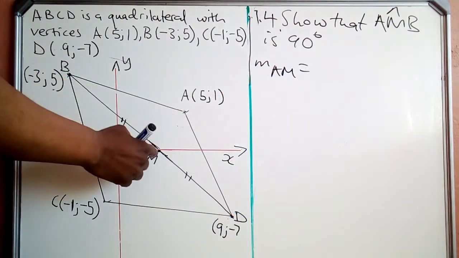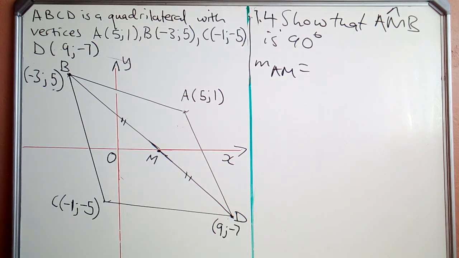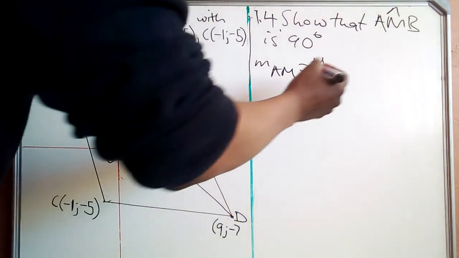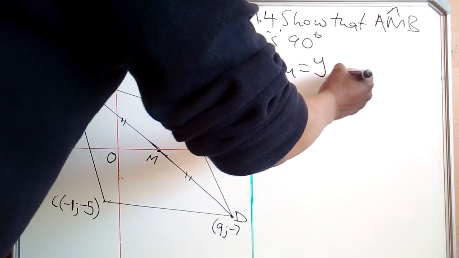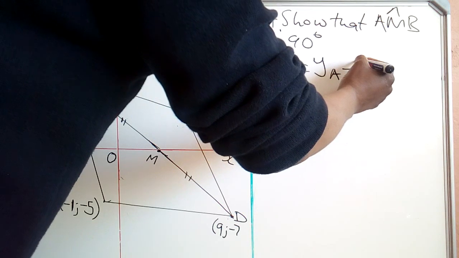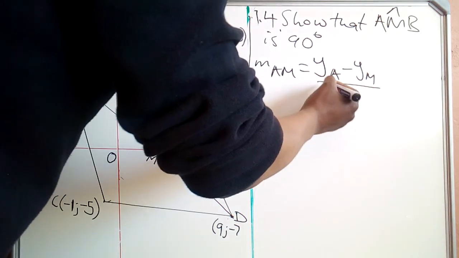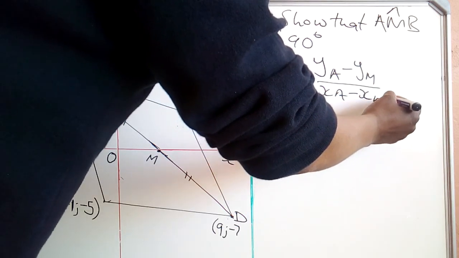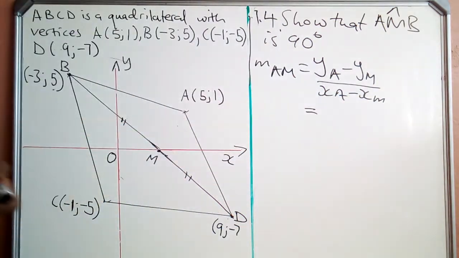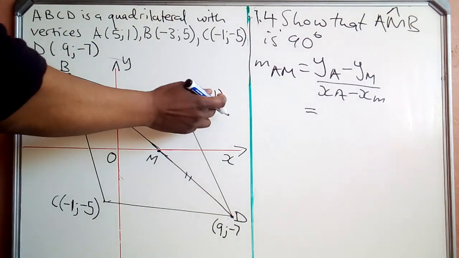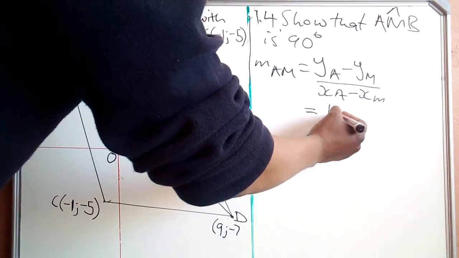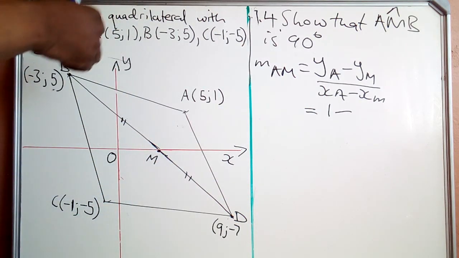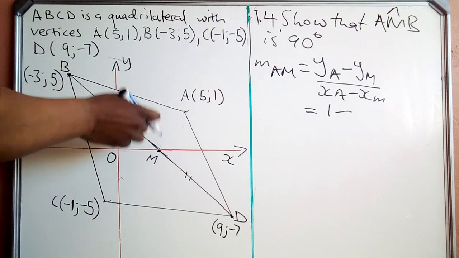We are going to use the 2 points: y_A minus y_M divided by x_A minus x_M. Going further, this one is 1 minus, and for point M we found minus 1.